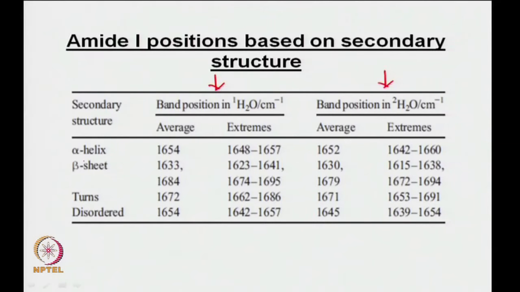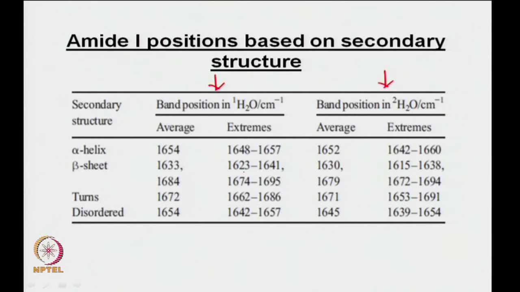For alpha helix, the average is about 1654 centimeter inverse and the extremes are from 1648 to 1657. Now, when you go to 2H2O, that is D2O, then the average becomes 1652 and it goes from 1642 to 1660. Okay. Now, beta sheet again it will be having 1633 as the average in 1H2O and the extremes are 1623 to 1641.